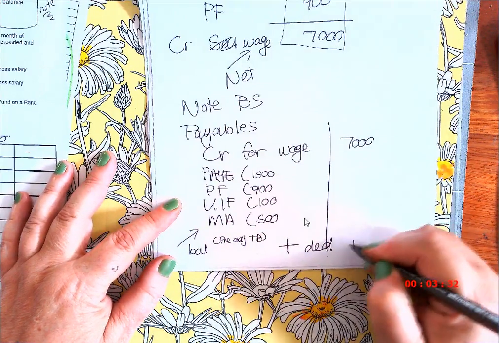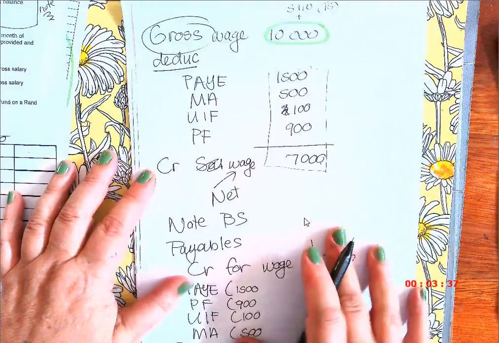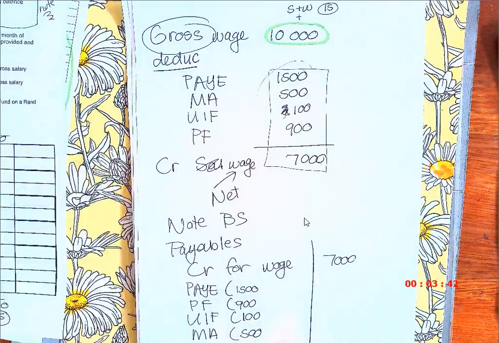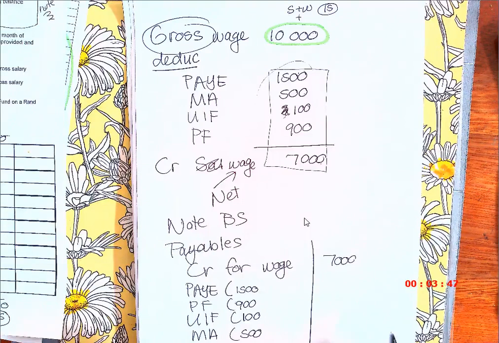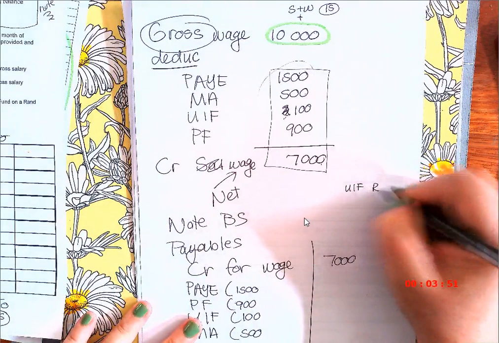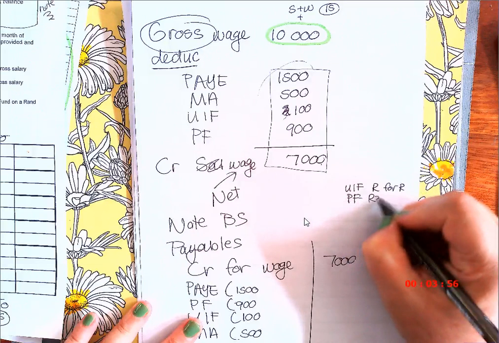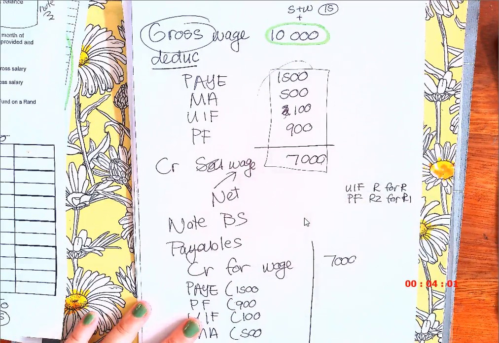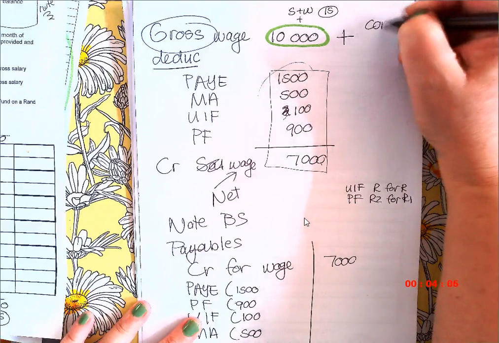But what else did I teach you about? What else did I not talk about when I looked at this scenario? The contributions. So now let's just do two contributions. We say UIF, rand for rand, and pension fund, 2 rand for 1 rand. Okay. So in other words, extra contributions come in.